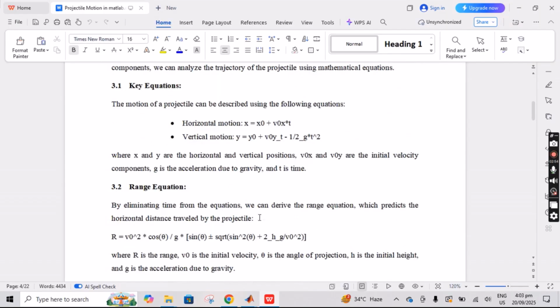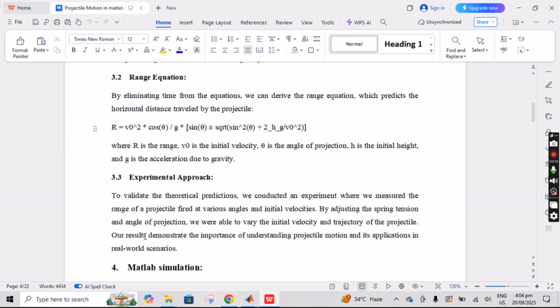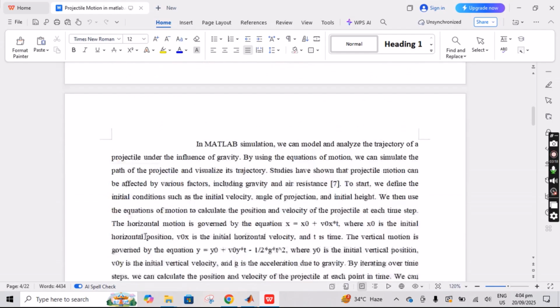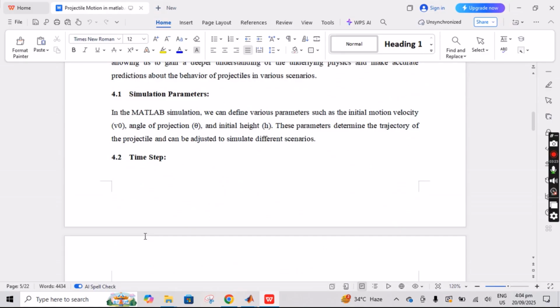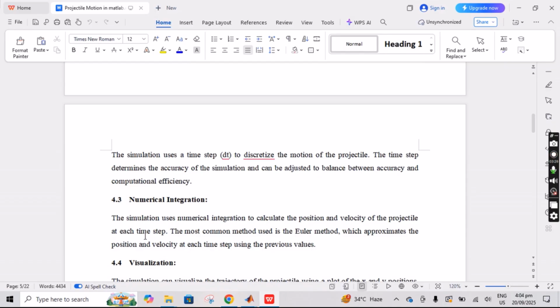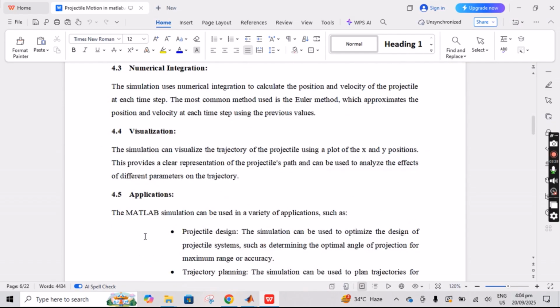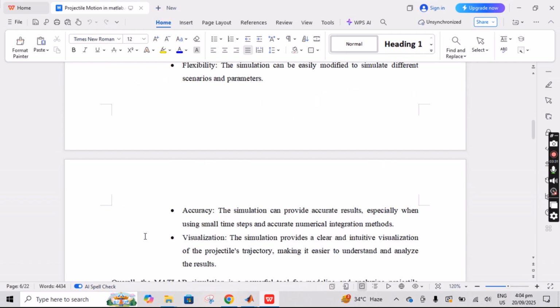The range equations are like this, with sin theta and cos theta, predicting the height of the projectile according to horizontal and vertical distances covered. Then the MATLAB simulation is included, with the simulation parameters such as the time step, numerical integration, visualization, applications, and advantages.